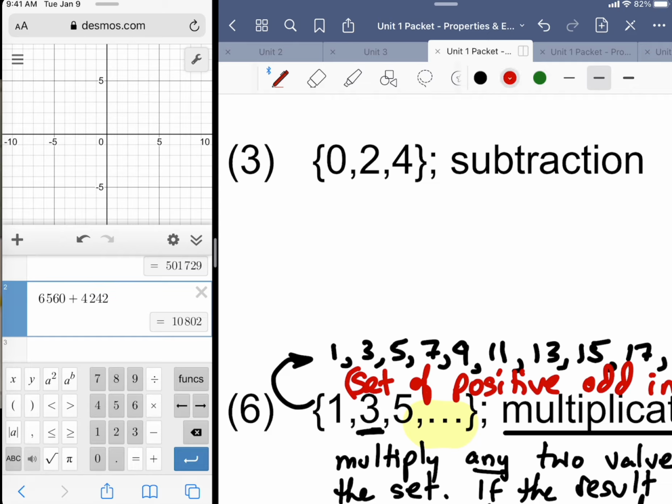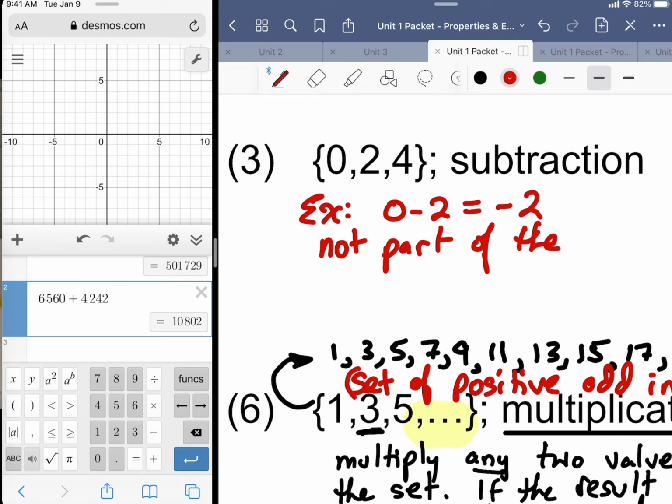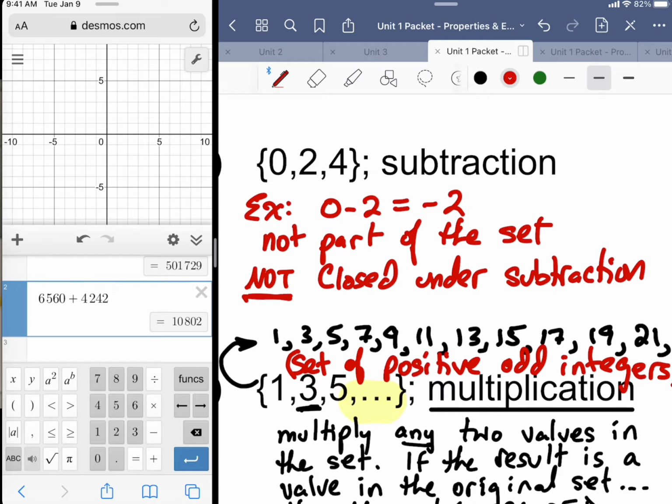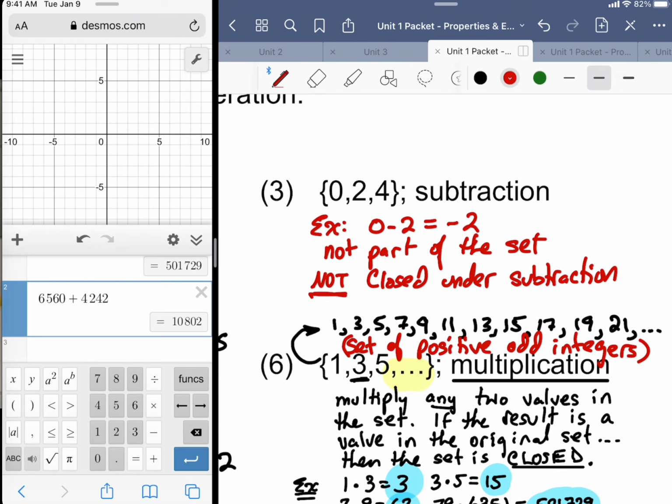So 0 minus 2 is negative 2, not part of the set. So it's not closed under subtraction.